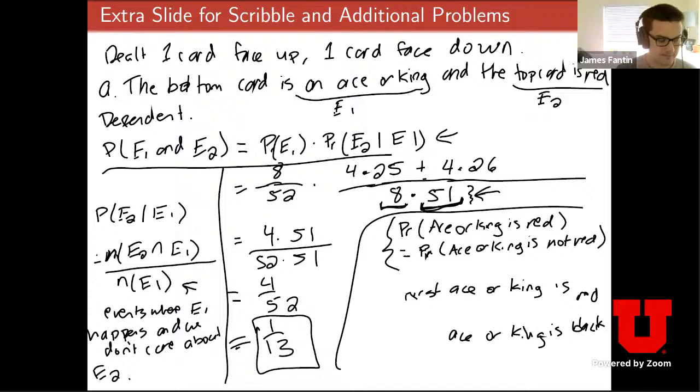I hope that clears that up. Please let me know if that doesn't quite make sense, and I can try to explain it in a different way. Were there any other questions on this problem?